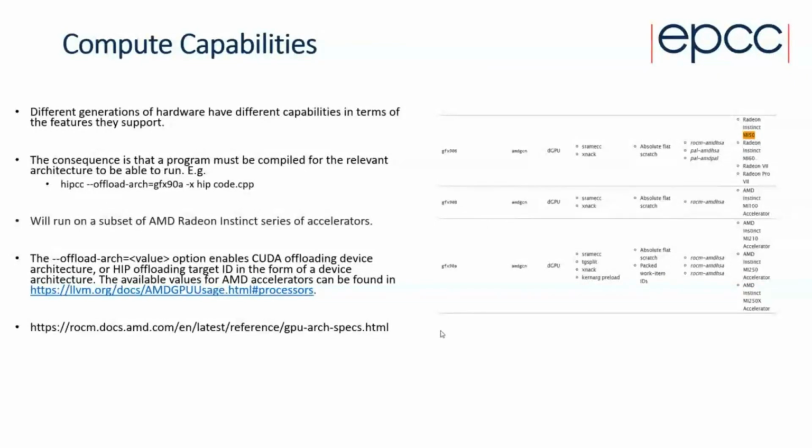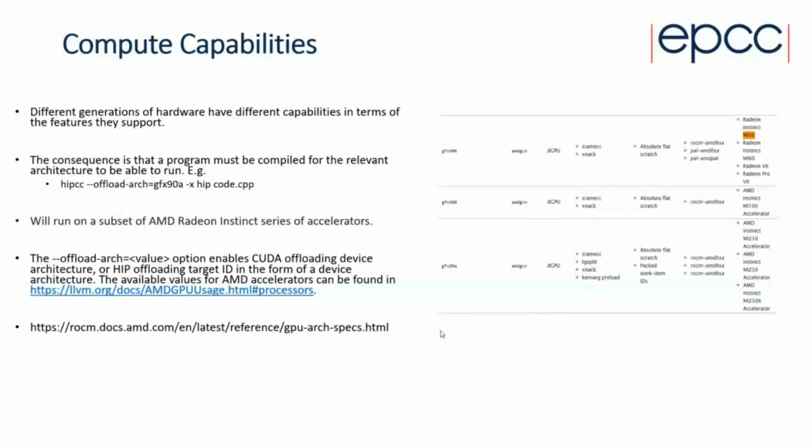In AMD, there's a code that you need to pass in, this offload-arch, and they have very unhelpfully complex names. So there's just a bunch of codes to look up. There's a nice list on the LLVM docs for this, and there's also one on the AMD website.